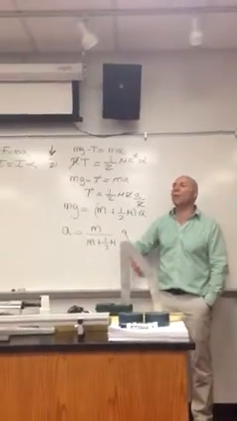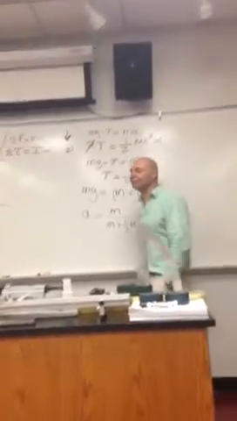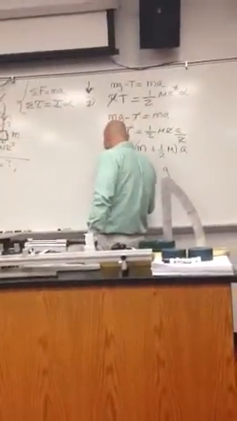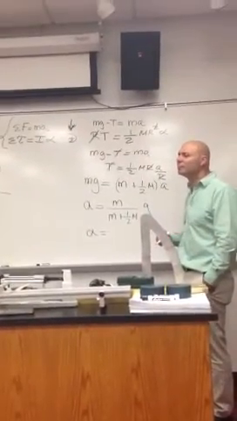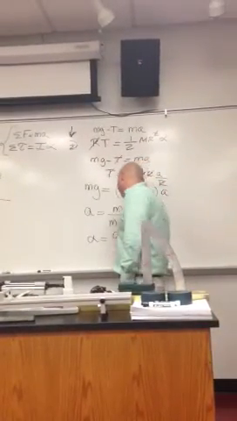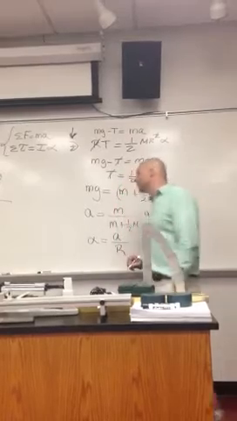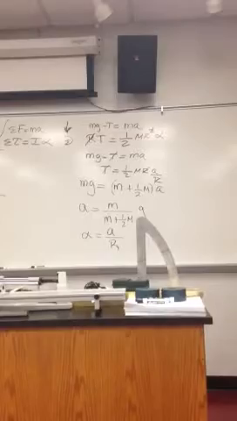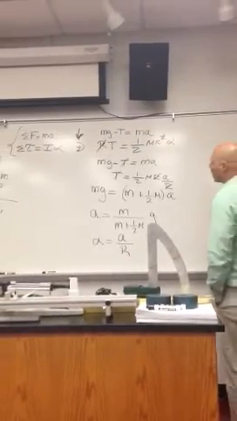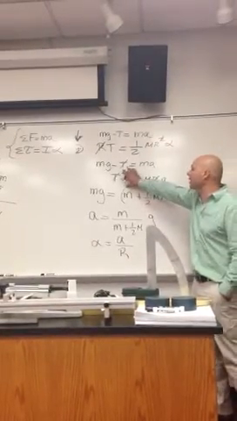How can we find now the alpha? What is alpha? A over R. You find alpha. How can we find T? What will be the easier equation to find T? We already have T here and T here.